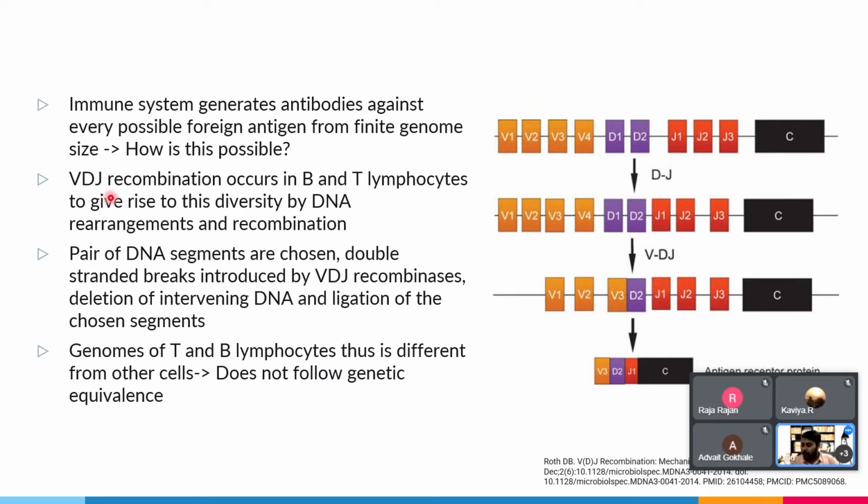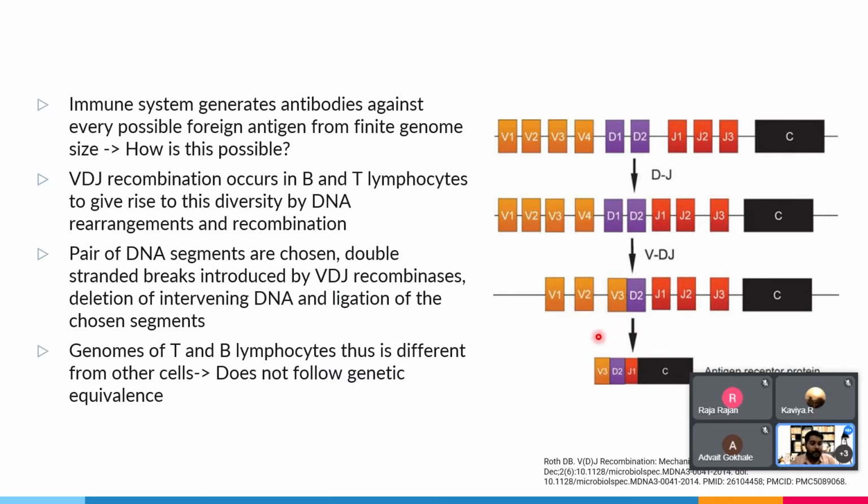Thus, VDJ recombination occurs in B and T lymphocytes to give rise to this diversity by DNA rearrangements and recombination. A pair of DNA segments are chosen, double-stranded breaks are introduced by VDJ recombinases, and the intervening DNA is deleted and the chosen segments ligated. So essentially the in-between part that is not chosen by the cell is completely eliminated from the genome.